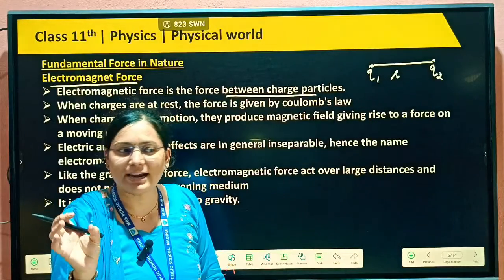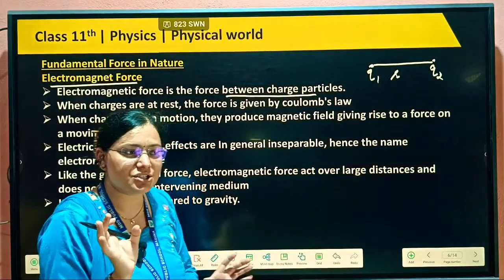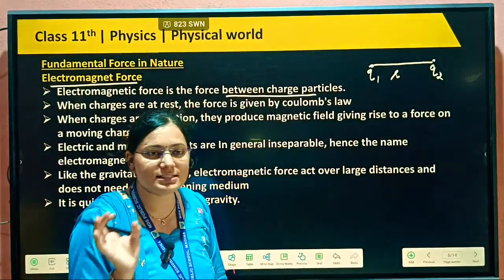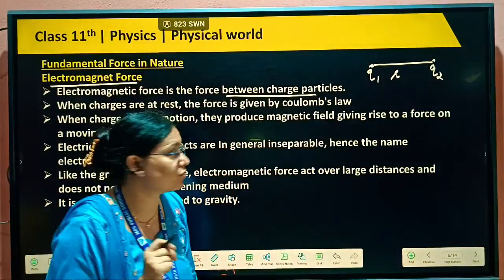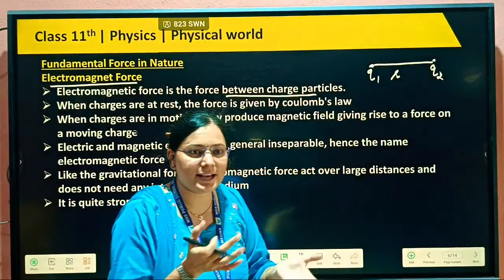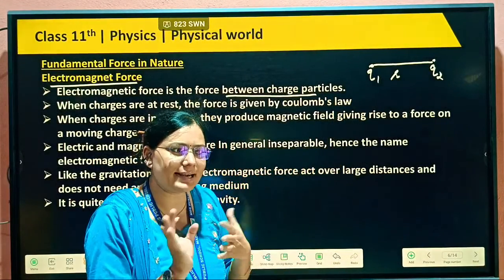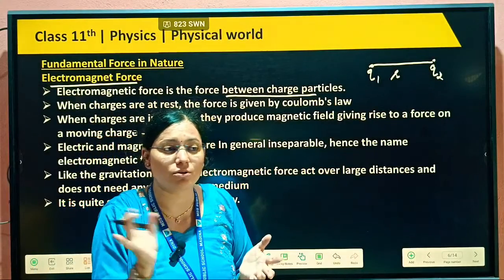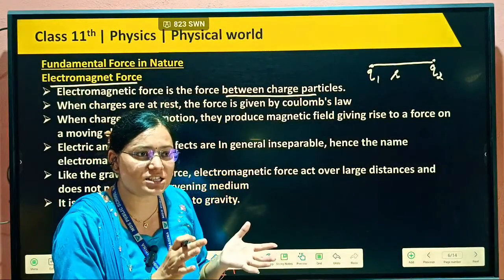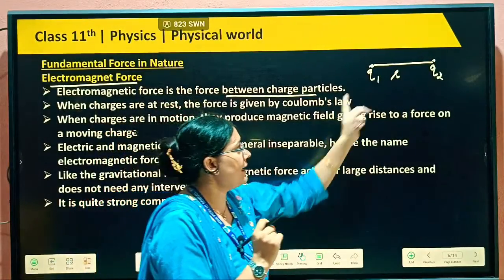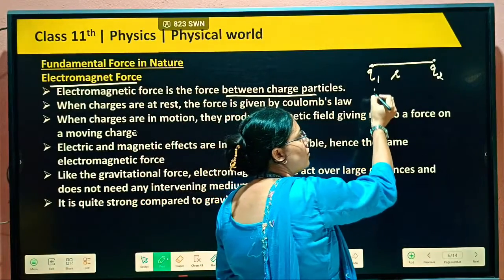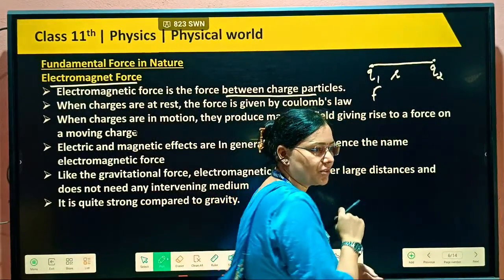One force I told you was the gravitation force. Gravitation force will act if they have mass, then we can say the force acting is known as gravitation force. Similarly, if mass is not there but charges are there, that charge can be electron-electron, proton-proton, neutron-proton, proton-electron, any two charges, of different or maybe the same amount, then with some distance their force will act between them.